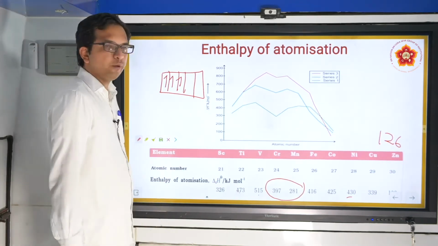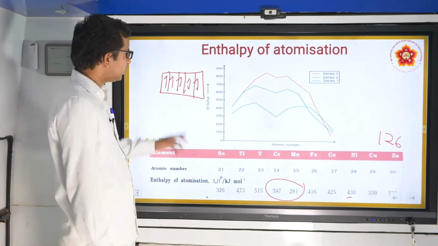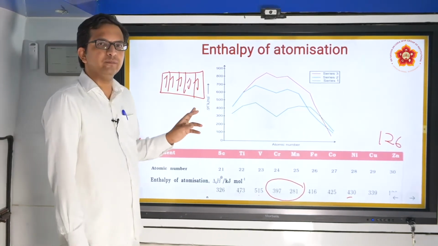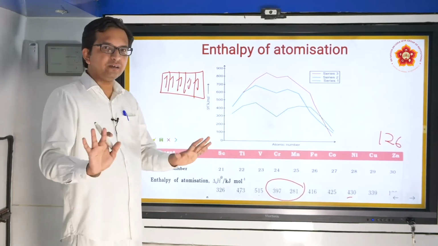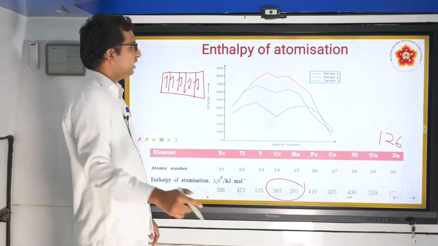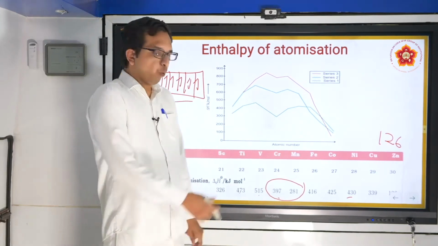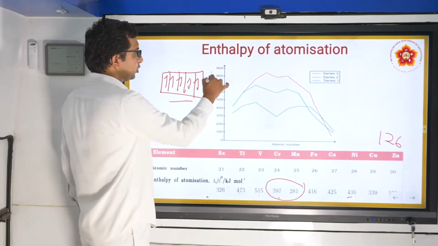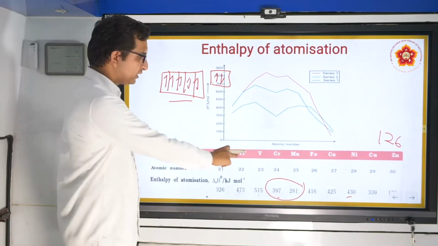But when you come to chromium, no doubt there are 5 unpaired electrons in the d orbital, but it is showing half-filled stability. Why do atoms combine together? It is for the sake of stability, and the good thing in chromium is that stability is happening by itself because this is half filled, therefore the energy has been decreased. Why it has decreased for manganese further is because even the 4s2 is also filled, therefore it has further decreased.